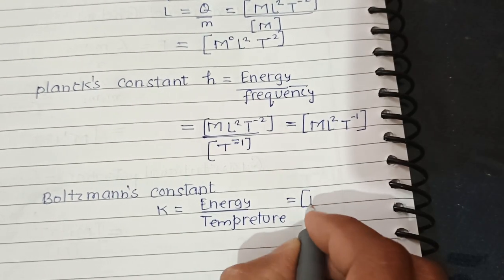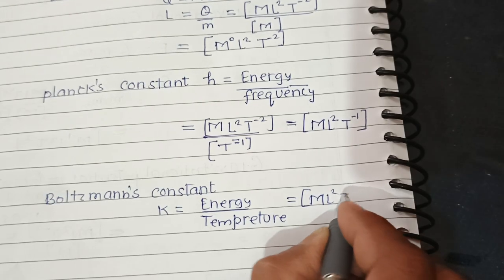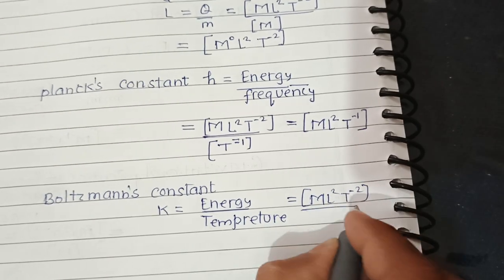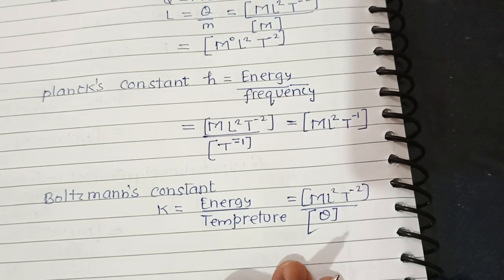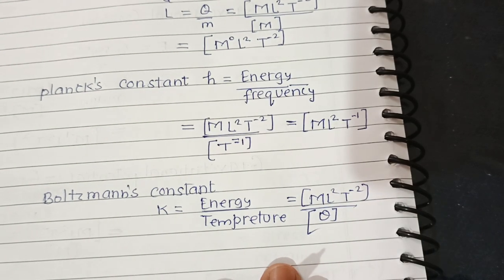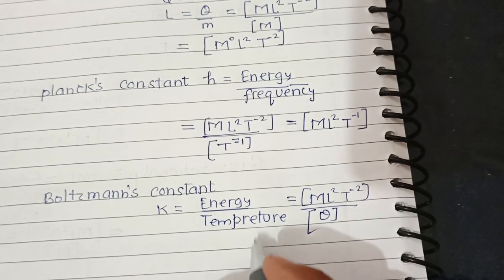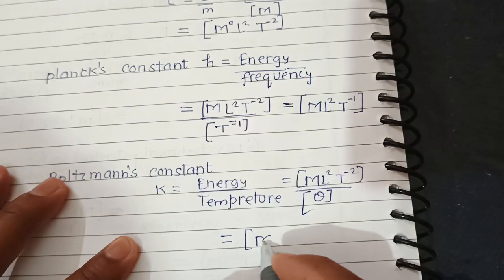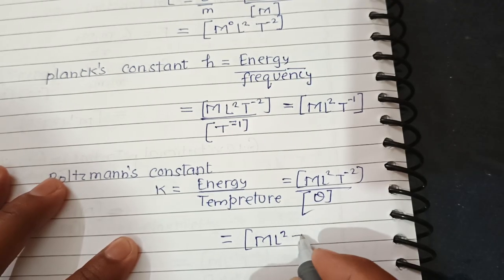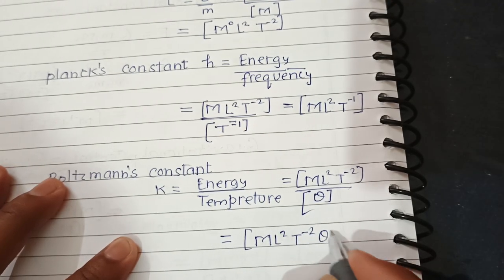Energy is dimension M L square T minus 2 and temperature is theta. So that is M L square T minus 2 theta to the power minus 1.